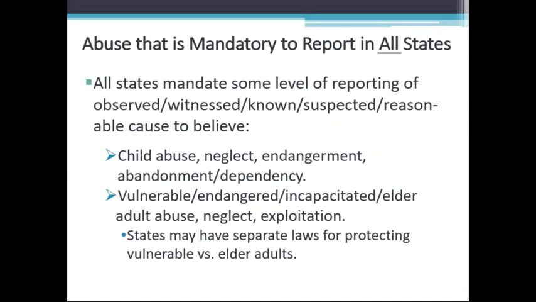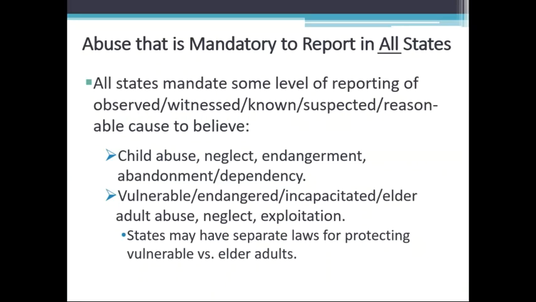So first, talking about abuse that is mandatory to report in all states. All states mandate some level of reporting of observed, witnessed, known, suspected, or reasonable cause to believe child abuse, neglect, endangerment, abandonment, and dependency. And then for vulnerable, endangered, incapacitated, elder adult abuse, neglect, and exploitation.